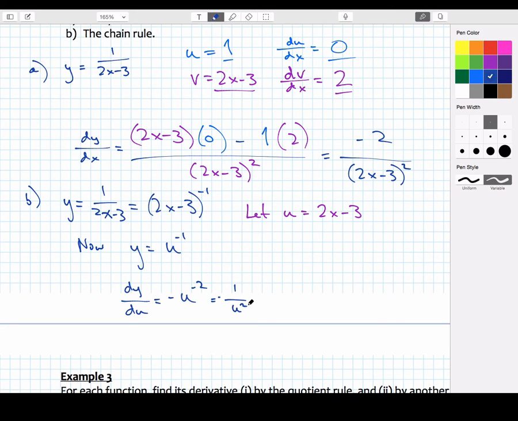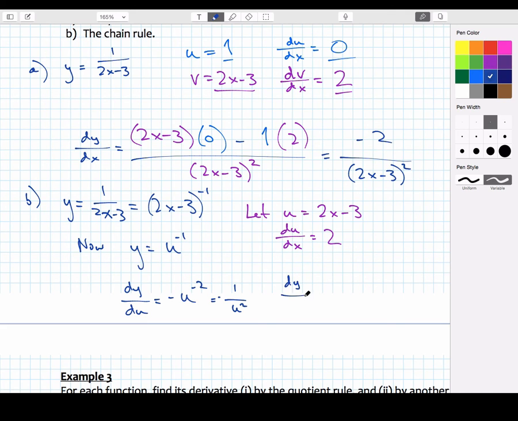Very good. And then what's du/dx? It's just 2, right? So the chain rule says dy/dx is the product of the derivatives, dy/du and du/dx.